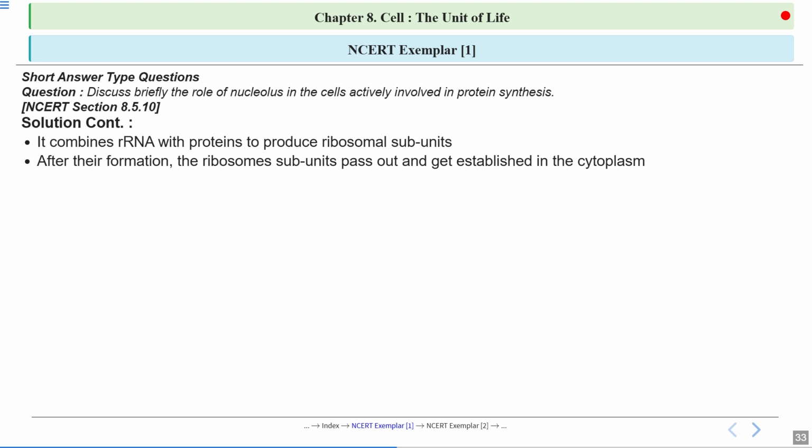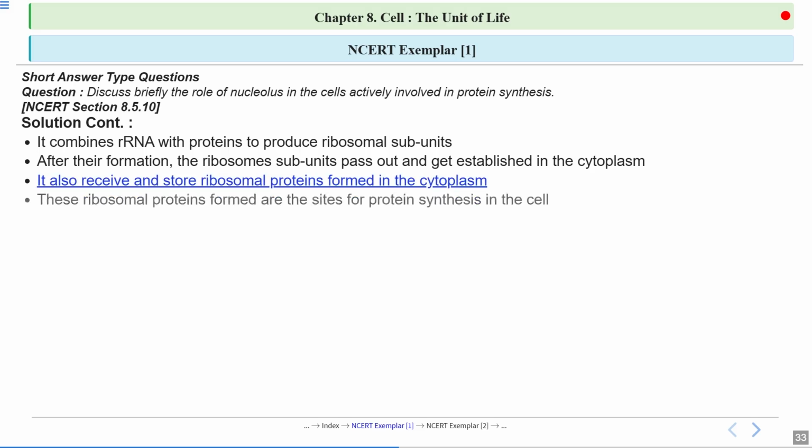After their formation, ribosome subunits pass out and get established in the cytoplasm, where translation occurs in eukaryotes as well as prokaryotes. It also receives and stores ribosomal proteins formed in the cytoplasm. So these ribosomal proteins formed are the site of protein synthesis in the cell. The nucleolus is essential for spindle formation during nuclear division.